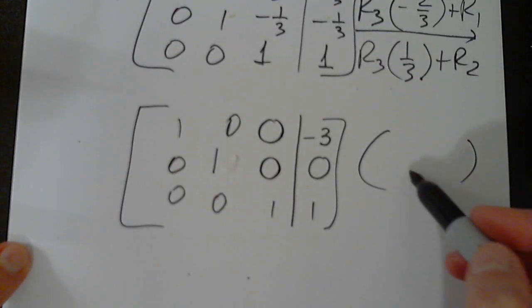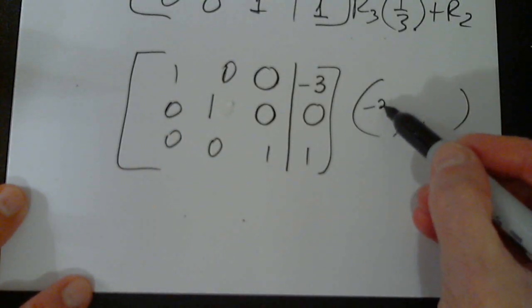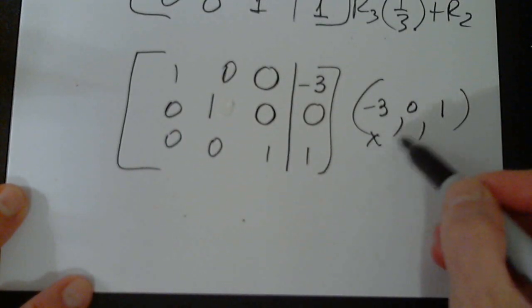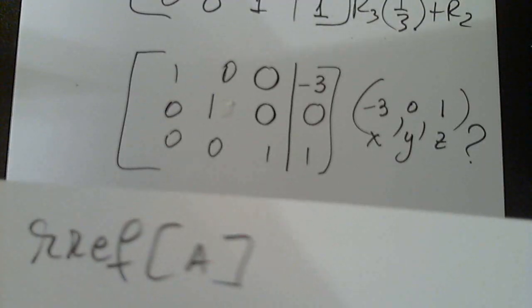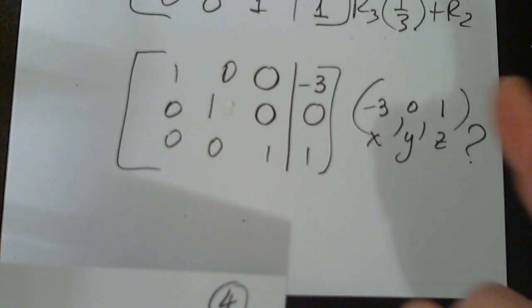We claim, we don't know, it's very easy to make a mistake with these systems in Gauss-Jordan. We claim negative 3, 0, and 1. X, Y, and Z. Is it true? I have no clue. And I'm not just saying that. I have to go back and check. And I'm checking negative 3, 0, 1.